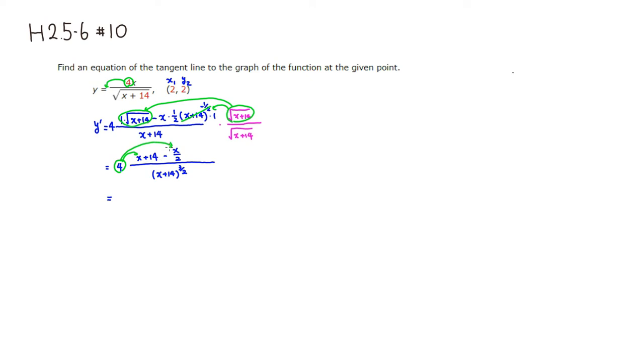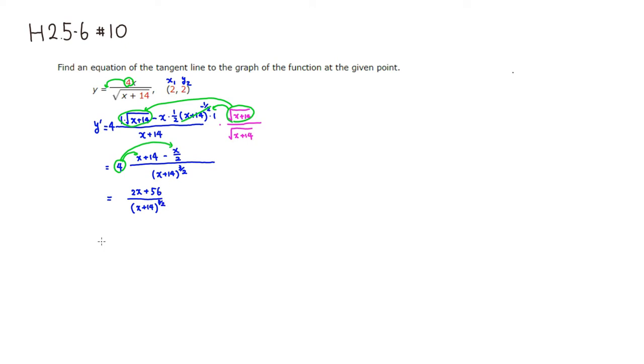So it's 4x minus 2x, so you have a 2x, plus 4 times 14. 4 times 4 is 16 and 4 times 1 is 4, so it's going to be 56 over the quantity x plus 14 raised to the 3/2 power.